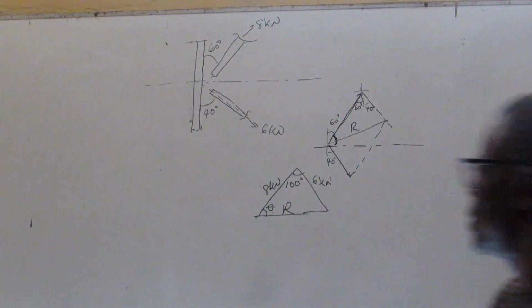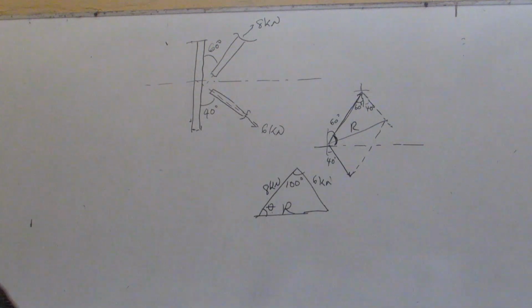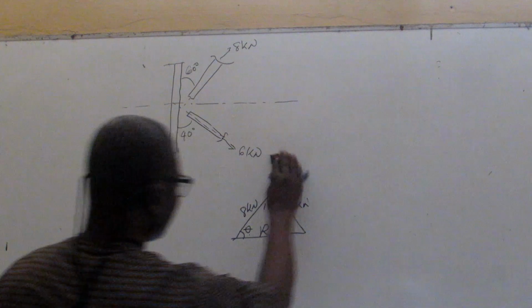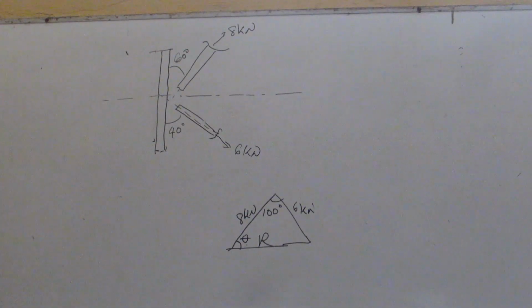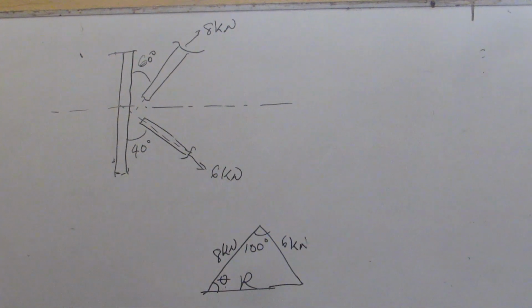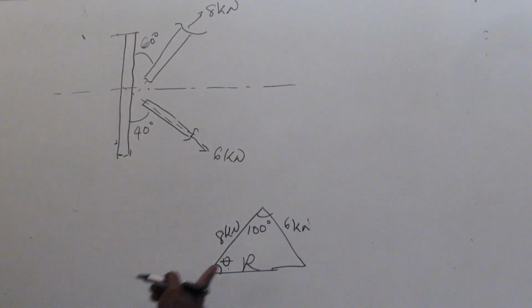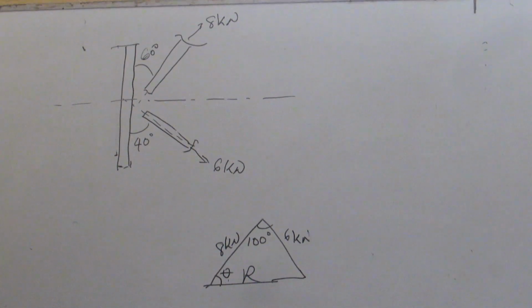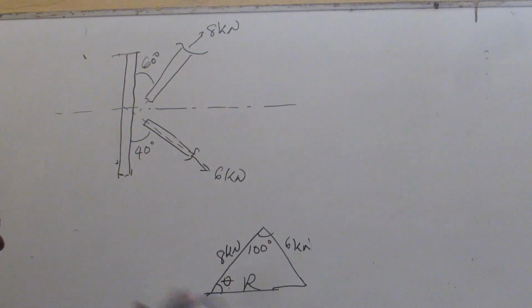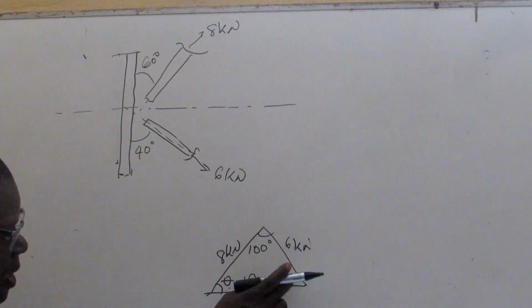What do we do? From this triangle we have here, we are going to solve it. Which rule can we use? If we use the sine rule, we have just one known angle, and we don't have this angle.